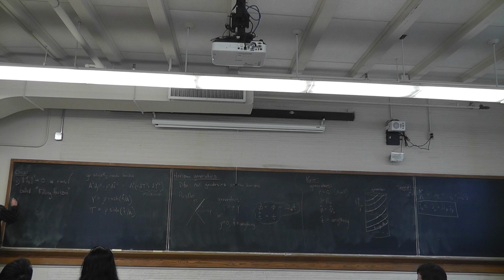The other thing that you should check to be sure that this is really the generator is the geodesic equation. This is a little trickier. So let me tell you what happens if you do this calculation. So what is the geodesic equation?